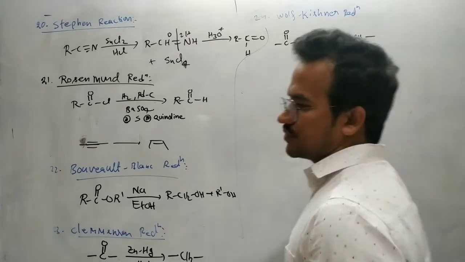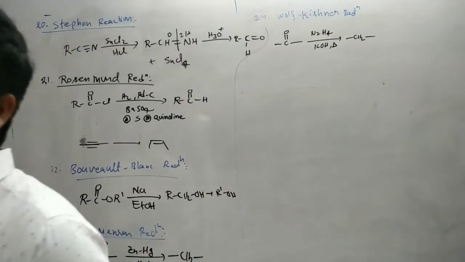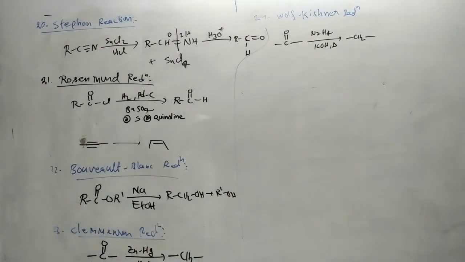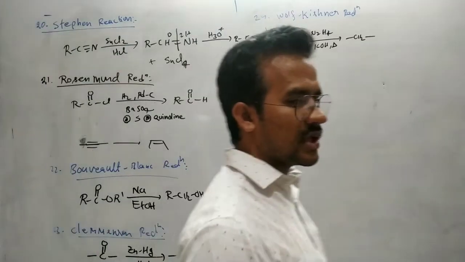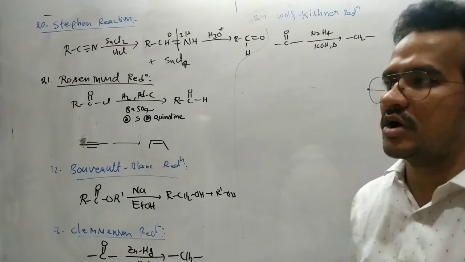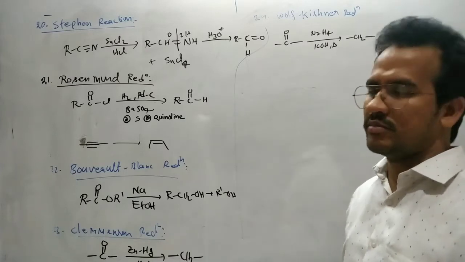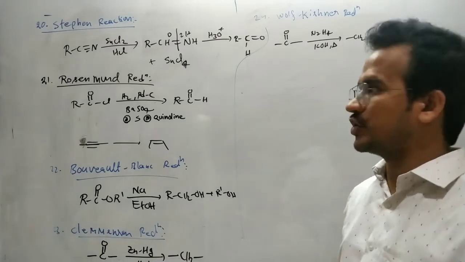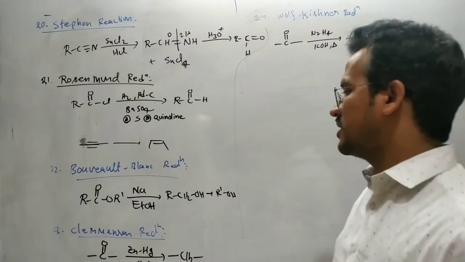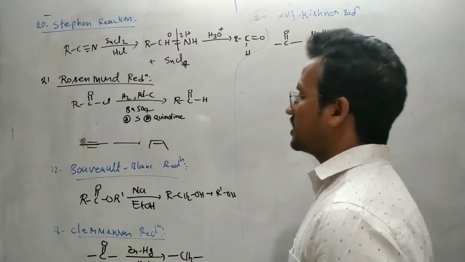In the Clemmensen and Wolff-Kishner reductions the function is the same, but the reagents are different. Carbonyl compounds are converted to alkanes, C double bond O converted to CH2.